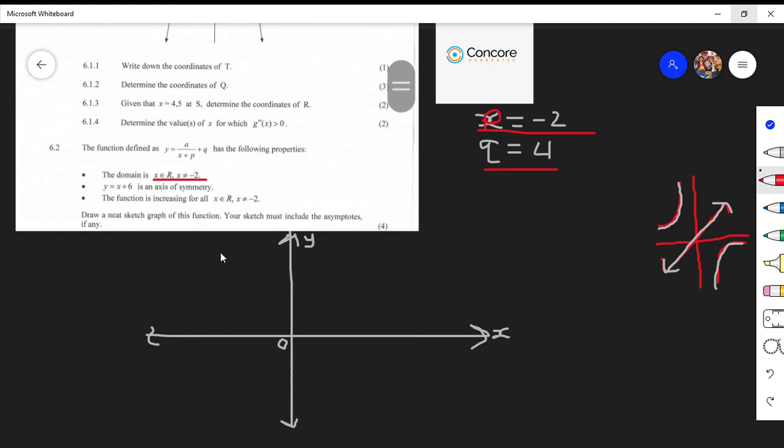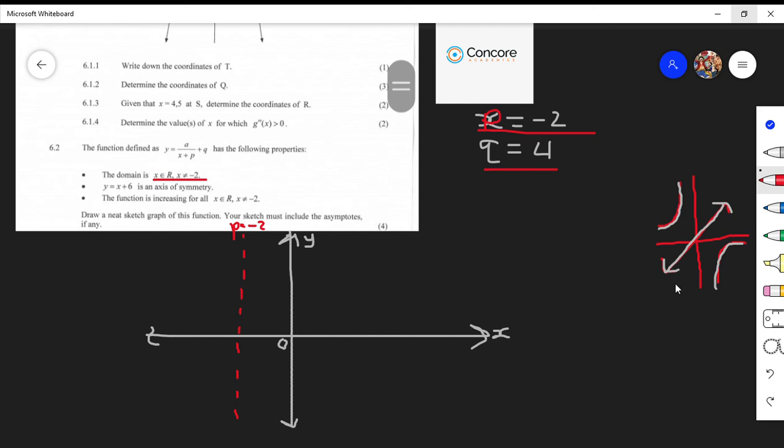So -2, we can have it somewhere here. And then our q, which is our horizontal asymptote, we can have it here. So we'll label this asymptote first. P is equal to -2. And then our q asymptote, q is equal to 4, which is our horizontal asymptote.